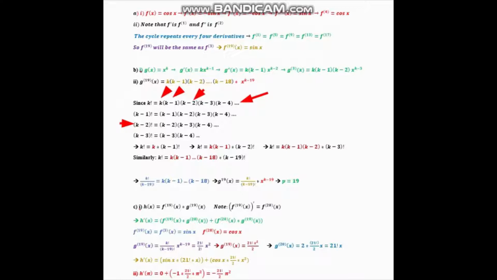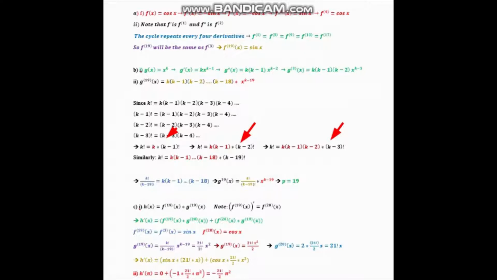So what is k factorial in terms of k minus 19 factorial? Notice the pattern. So k factorial is k times k minus 1 factorial, or k times k minus 1 times k minus 2 factorial, or k times k minus 1 times k minus 2 times k minus 3 factorial.